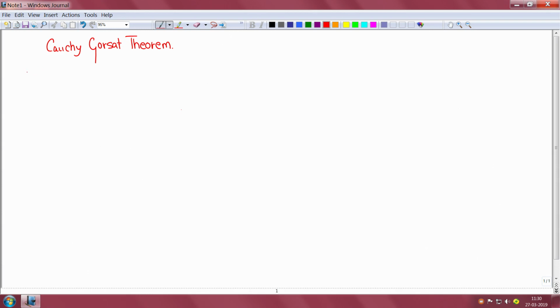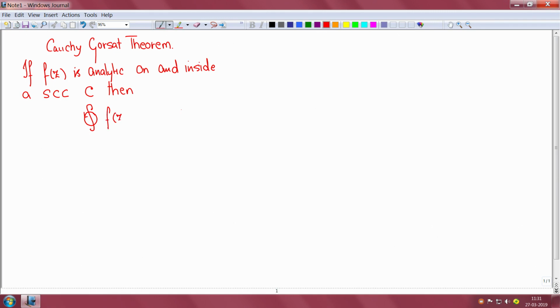In brief, it says if f of z is analytic on and inside a simple closed contour named C, then the integral over the closed contour of f of z dz is equal to 0, the contour navigated in the positive anticlockwise direction.